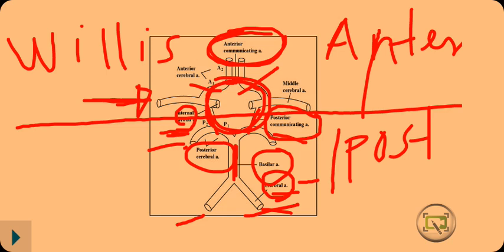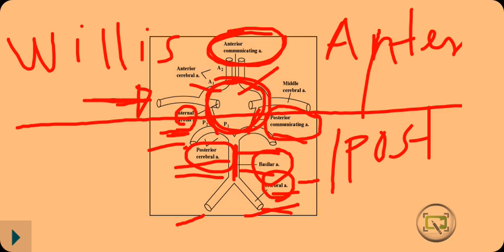The two posterior cerebral arteries will supply the posterior part of the brain. Then on the basilar artery, we also have some arteries that branch here. These will supply blood to the stem of the brain.